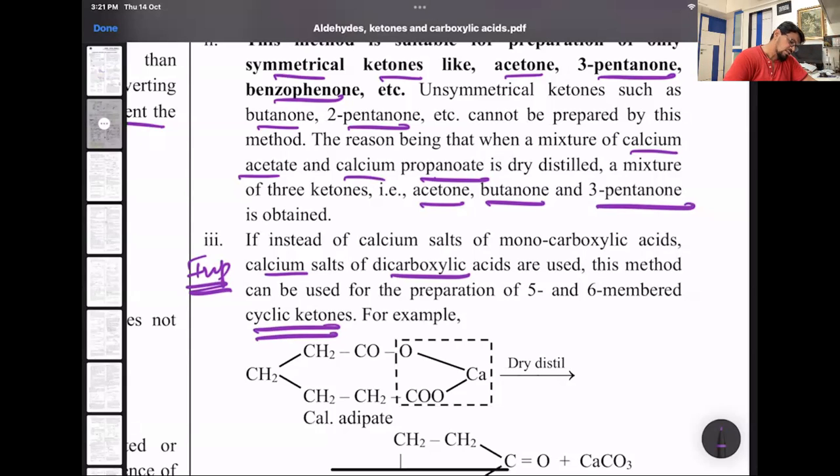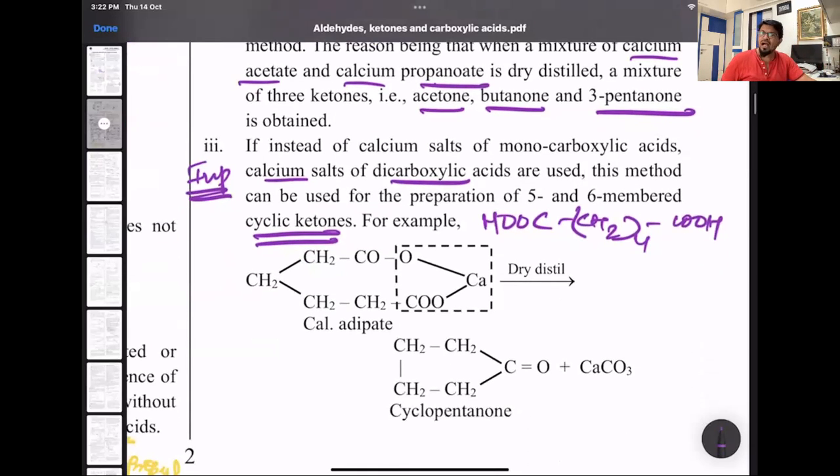So it's like this: COOH, CH2 4 times, COOH. It's called hexane dioic acid. Total 6 carbon atoms what we have. If you take a calcium salt like this and dry distill, 1 carbon will go in the form of calcium carbonate.